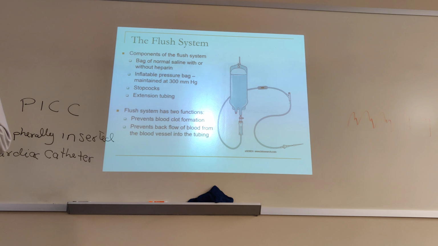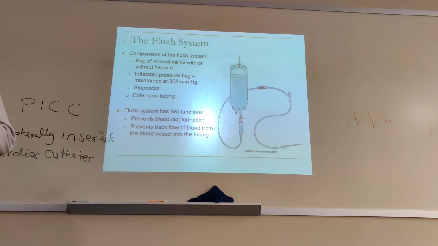There are three ways that you can turn this. It can be in this position, standing up. If it's standing up like that, it is communicating with the bag and the patient. So if it is straight, normal saline can come down from the bag, go through here, and go into the patient.